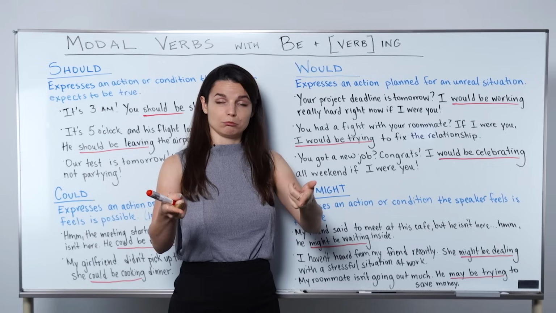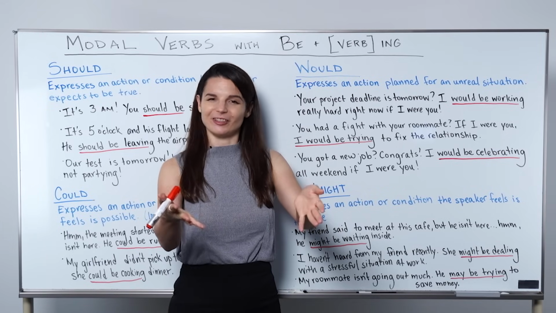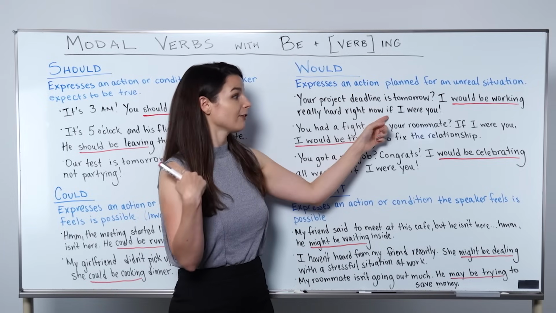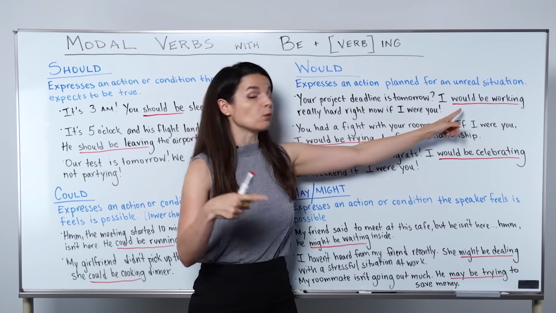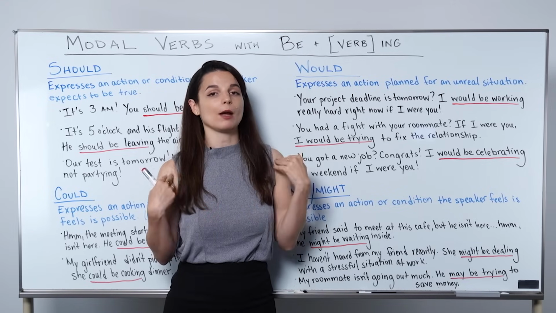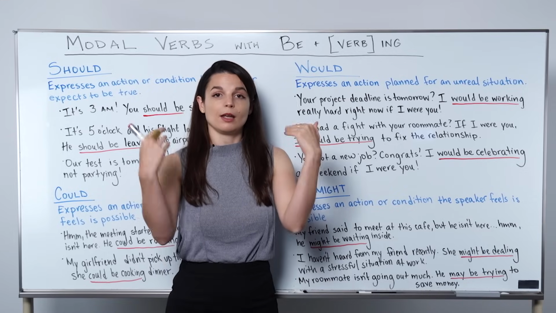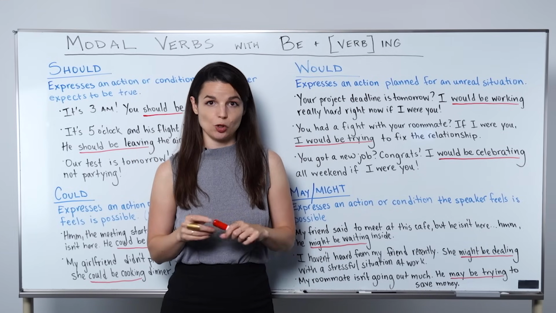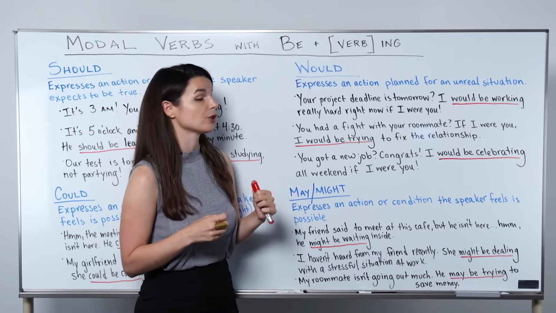If I were you, so obviously I am not you, right? So it's not a real or true situation. If I were you, I would be working really hard right now. So I would be working really hard right now in my condition if I were in the same situation as you. So we use would to describe this.